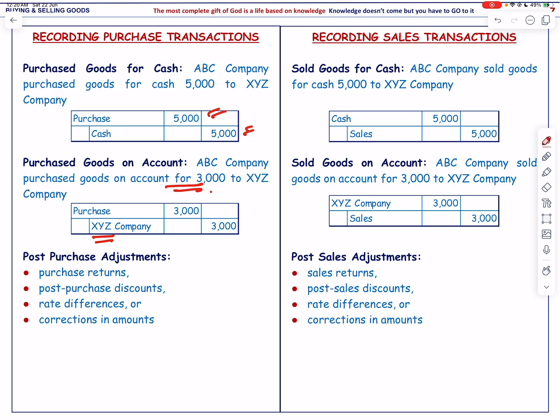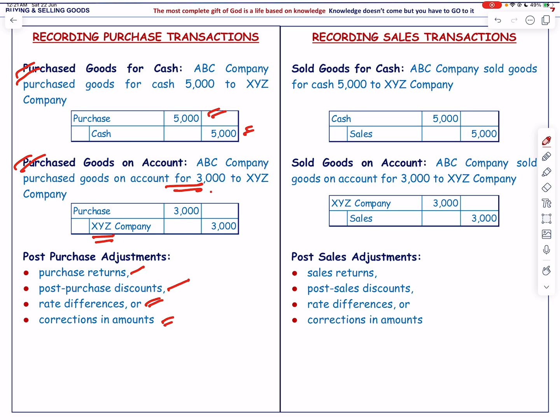So similarly, as it was in the case of sales, upon completing a purchase transaction, various adjustments may be necessary, such as handling purchase returns, applying discounts post purchase, addressing rate differences, or correcting any discrepancies in the purchase amount.